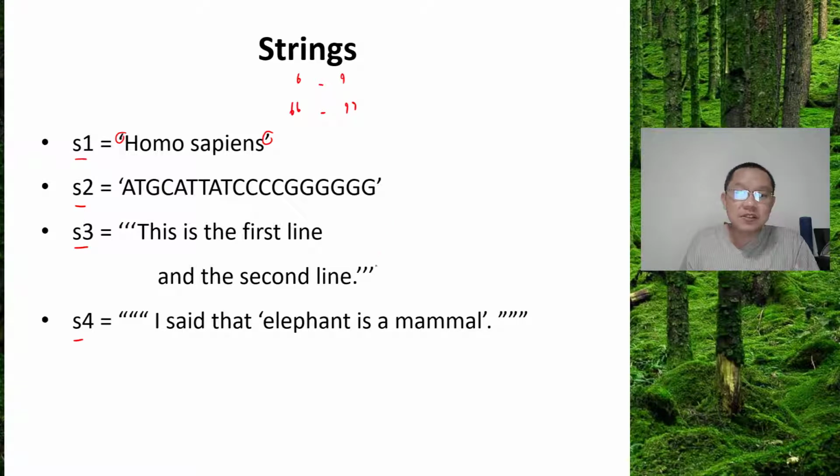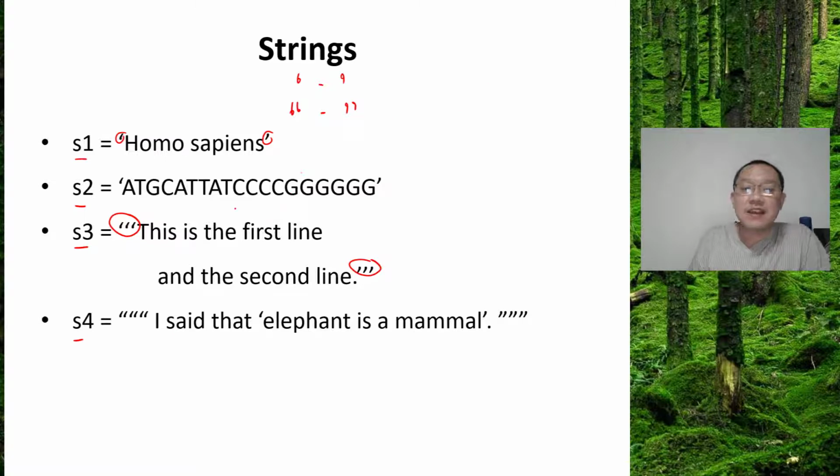This is called triple single quotation, so there are 3 single quotation marks. We use triple single quotation or triple double quotation when we want to create a complex string.